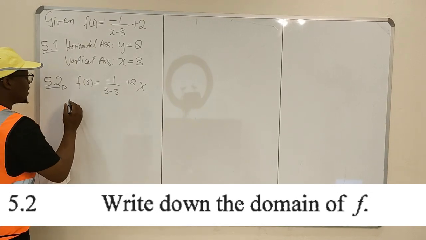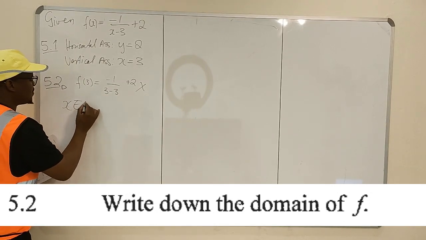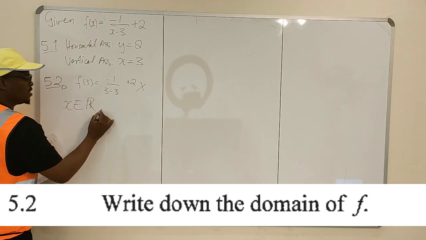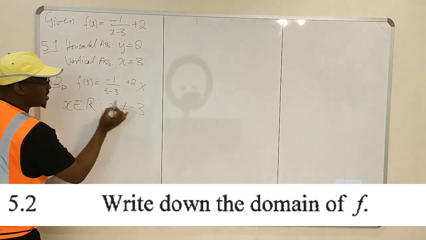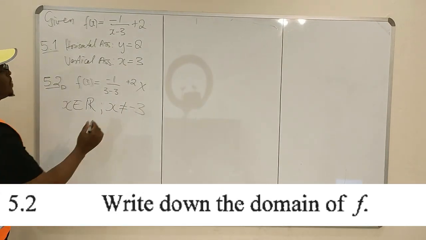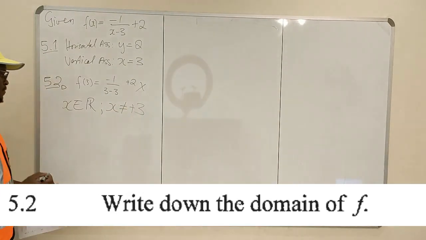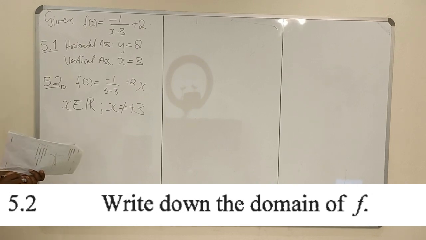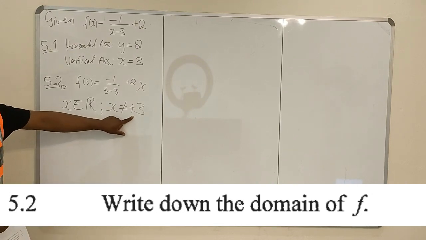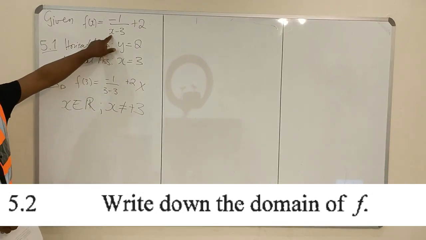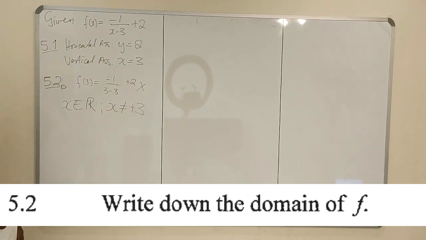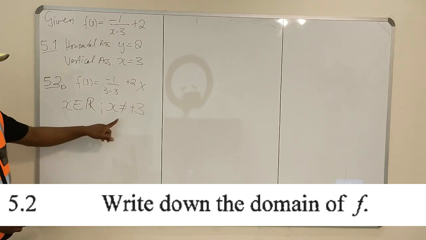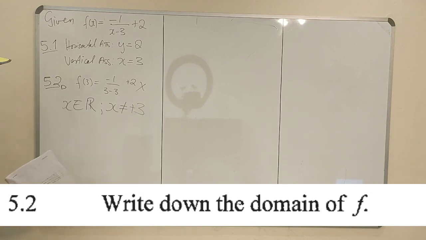So when we give our domain, we can say, okay, x can be anything, right? But x must not be equal to 3, because if we have 3, we'll have that situation where we divide by 0, which is not possible. So x can be anything, but x must not be equal to 3.